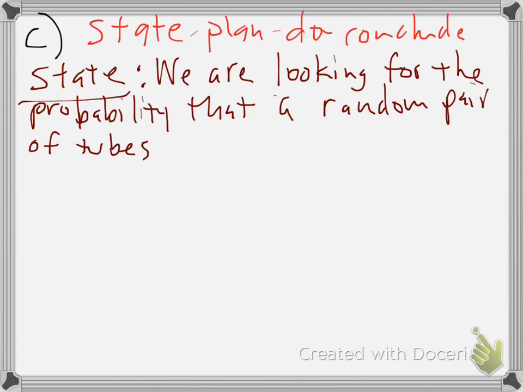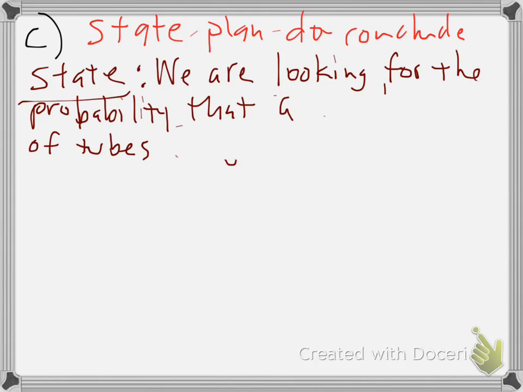It could either be too tight or too loose, or it should be in that Goldilocks zone, I reckon. So we're looking for the probability that a pair of tubes would be greater than I'm leaving out a detail, because we're not looking for the actual probability that the tubes are.